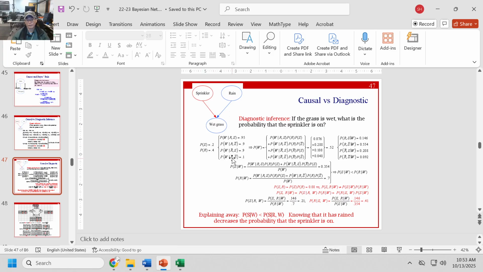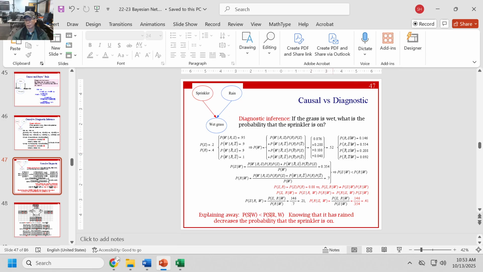And if both no rain and no sprinkler and the ground is still wet, that's a miracle. So that's 0.1. And so now you can combine that and figure out the total probability of this sprinkler, rain, no sprinkler, no rain combined together.